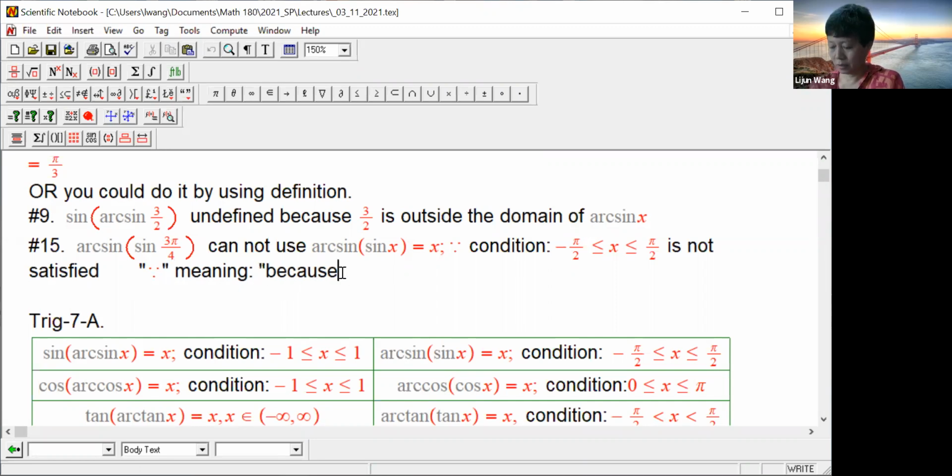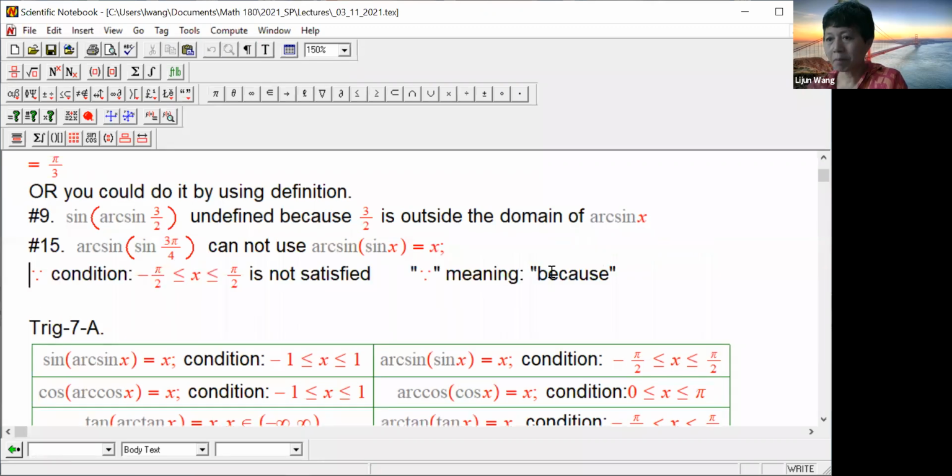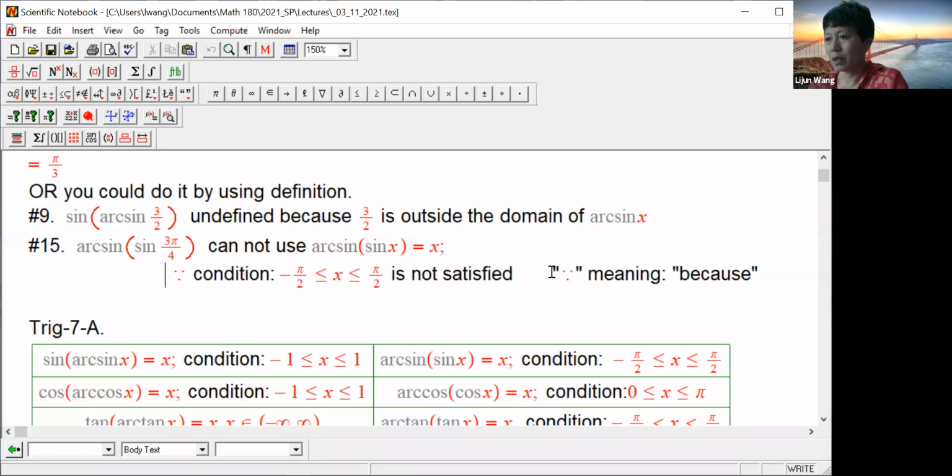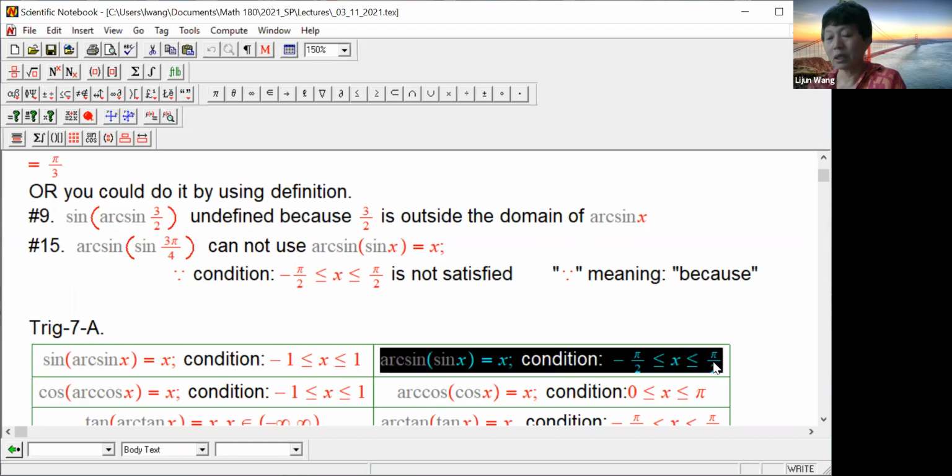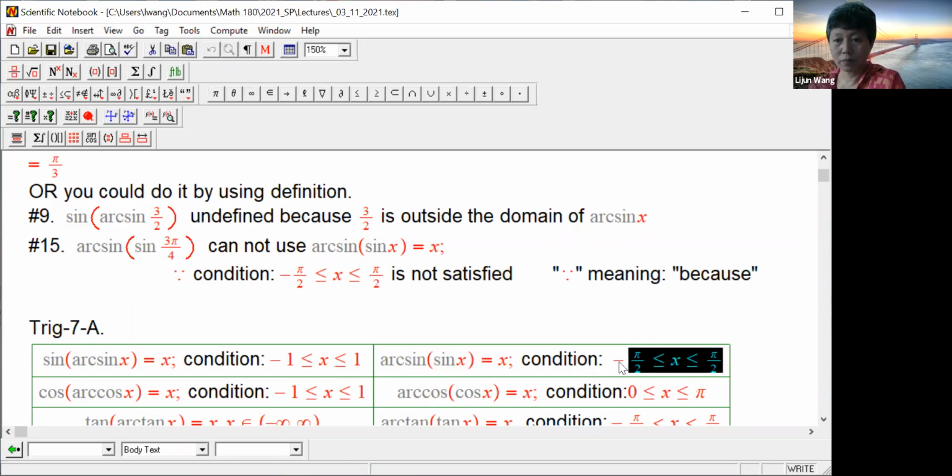Where did you learn that? Right? Anyway, it's not a big deal. It's just little perks. Okay, you don't need those perks in life. Okay, so I'm going to put that away. Okay, some of you may think of using that property, some of you may not think of using that property. So I'm just addressing that issue that you cannot use this property because the condition is violated.